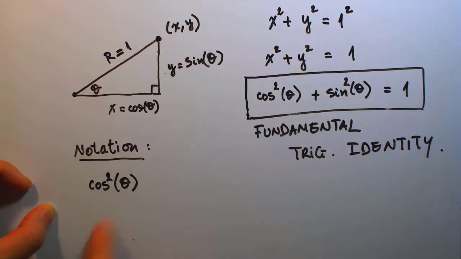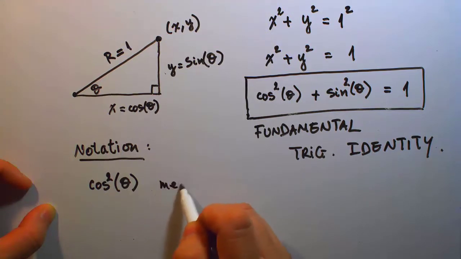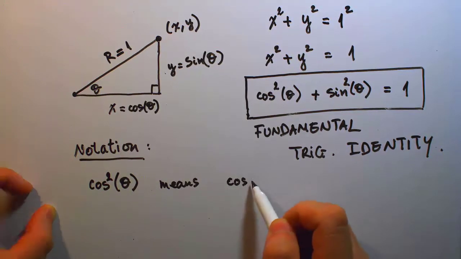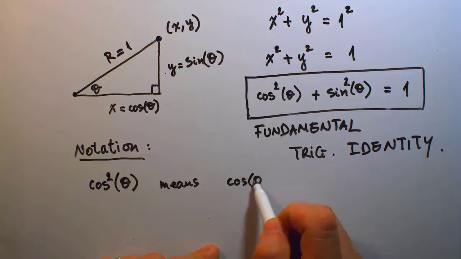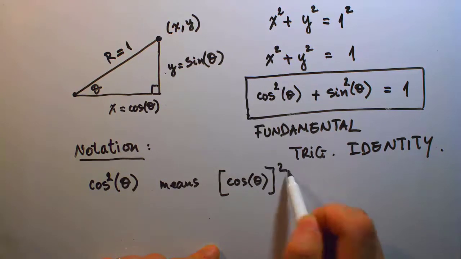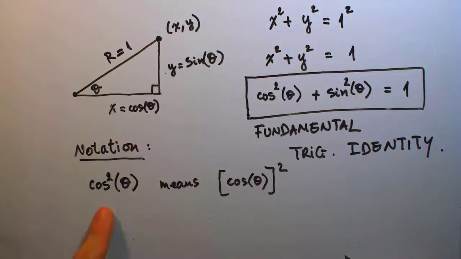This really means we take the cosine value, as far as order of operations, of the angle theta, and then we square that value. But in formal written form, we use this notation as cosine squared of theta. That indicates we take the cosine value of the angle and square it.